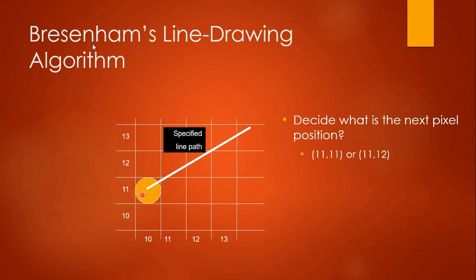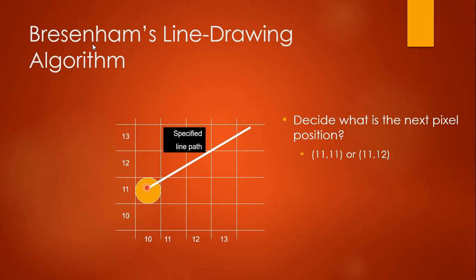The middle pixels also have to be represented. Whenever the algorithm starts, the starting point x0, y0 is represented on the screen initially. But what about the next pixels? How is it going to draw them? That is decided by the algorithm.